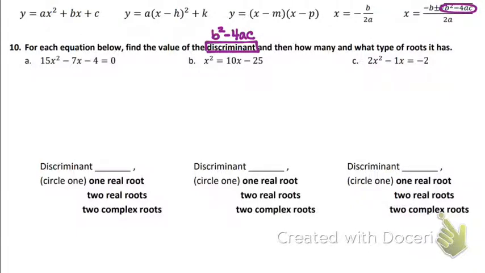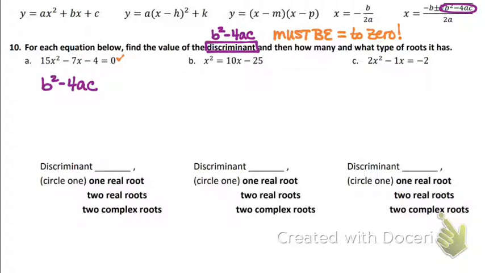If we're going to find the discriminant, it has to be equal to 0. Is part A equal to 0? Yep. So I'm going to do b squared minus 4ac.